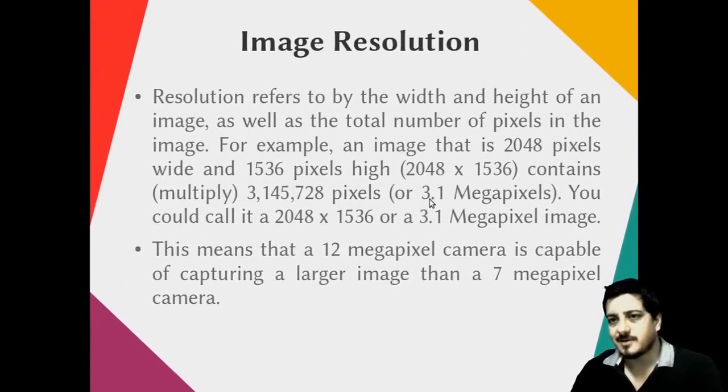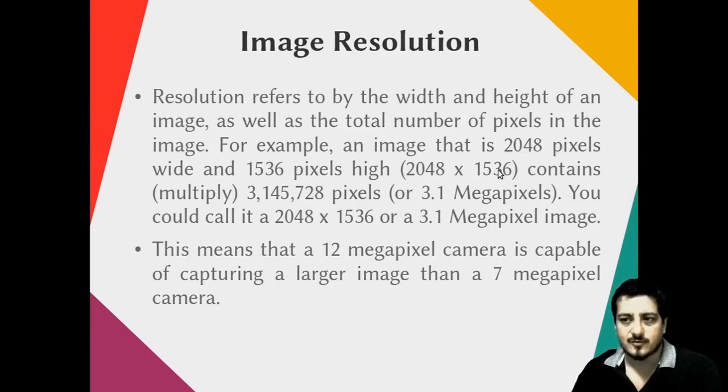Now the next thing that we shall look at is the image resolution. You can see that a digital image that is 2048 pixels wide and 1536 pixels high, we write it as 2048 by 1536.